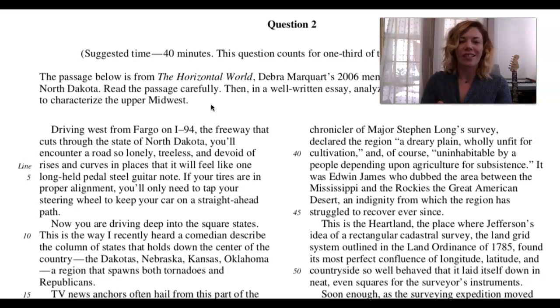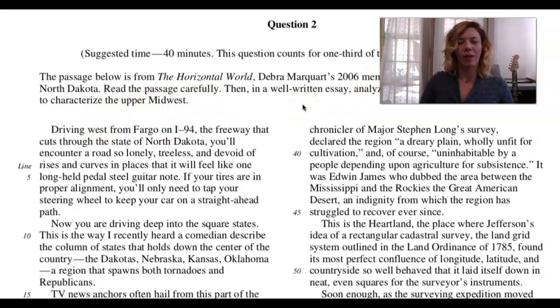So our thesis would simply restate this last part of the prompt. So the author, and you should write out her name, characterizes the upper Midwest in her 2006 memoir through her use of.